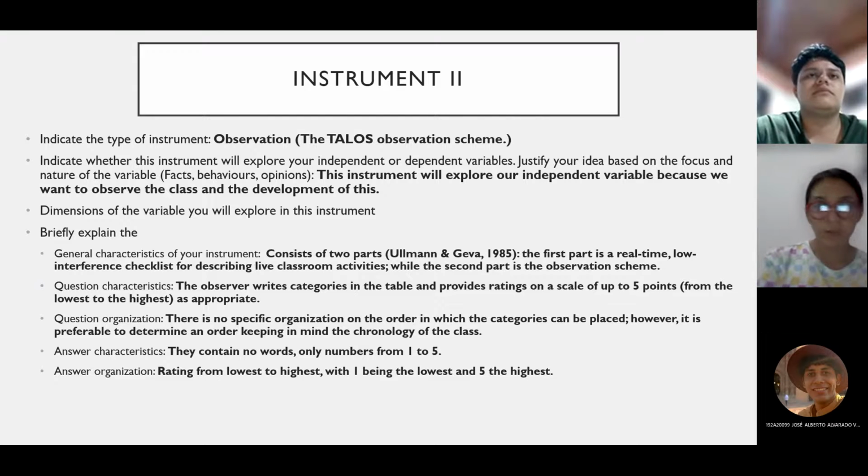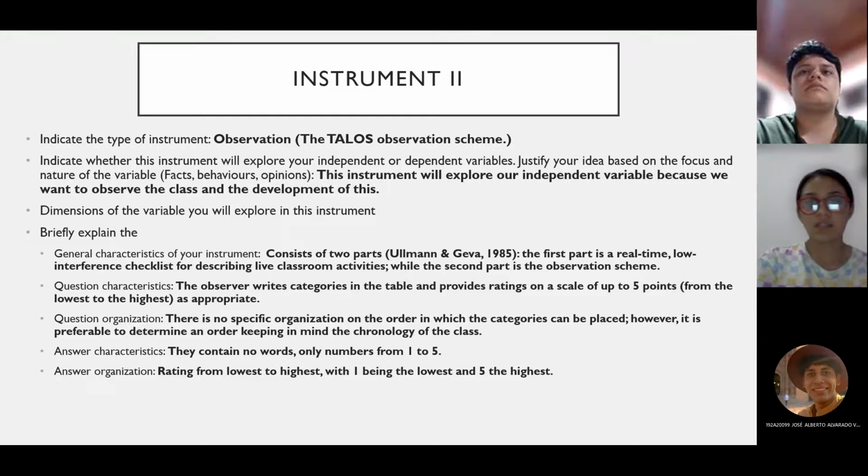And for the second instrument, as we said before, is the observation, the Talos observation scheme. This is for our independent variable, which are the strategies that the teacher used in the classroom, because we want to observe the class and its development.